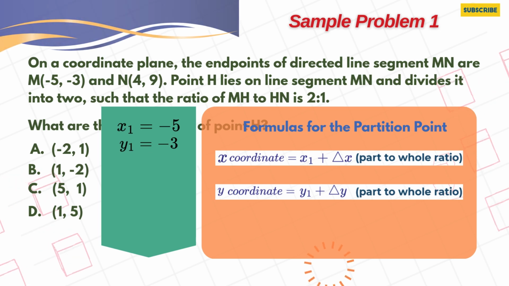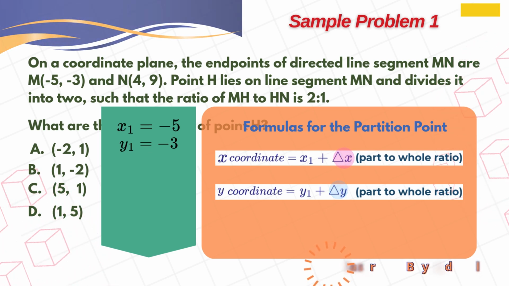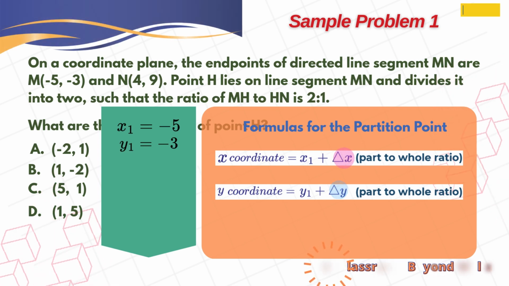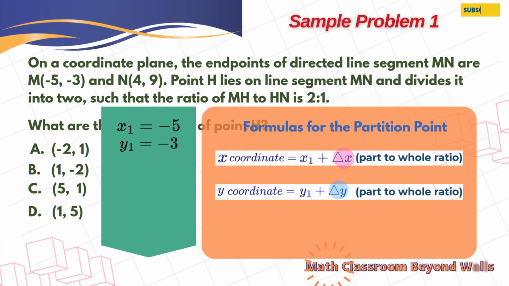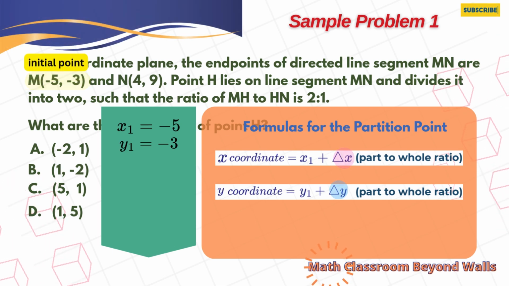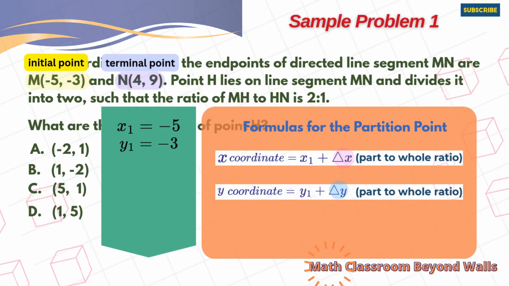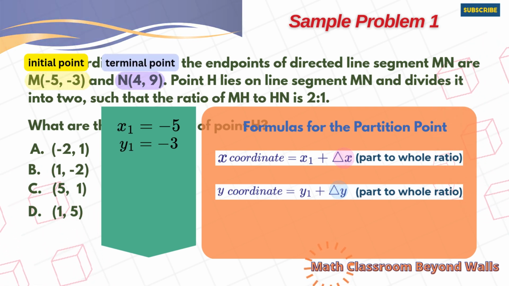Next, we need the change in x and the change in y. To get these values, we need both the initial point and the terminal point of the directed line segment. The initial point is M(-5, -3), and the terminal point is N(4, 9). Let us get these values.